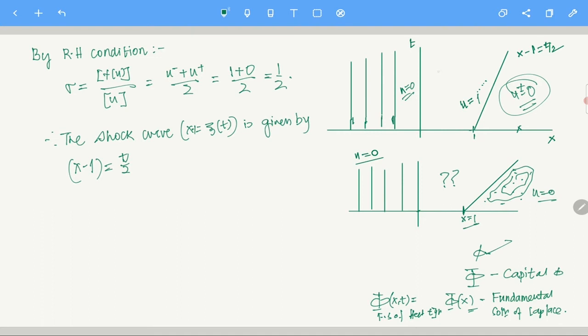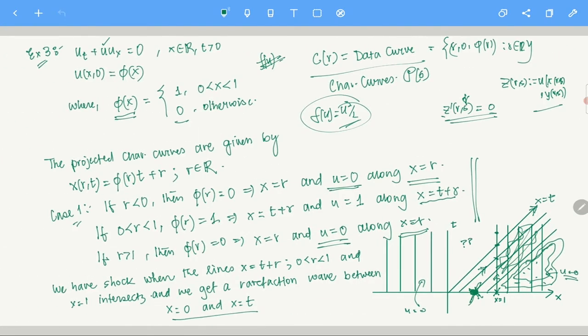Okay, but is it always 1? No, it is not always 1. It is 1 up till x equals t. So this line is x equals t. In this part u is 1 because of the initial condition.